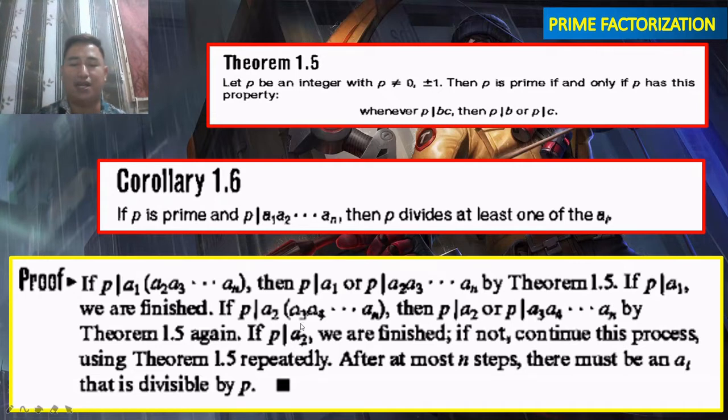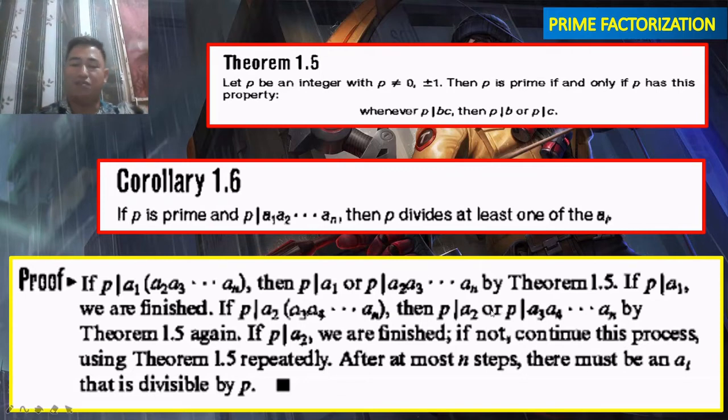So, if dili class, padayon na. If P does not divide A1, then P divides A2 times A3 to AN, then P divides A2 or P divides A3, A4 up to AN, product, by Theorem 1.5 again. If P divides A2, we are finished. If not, continue this process using Theorem 1.5 repeatedly.